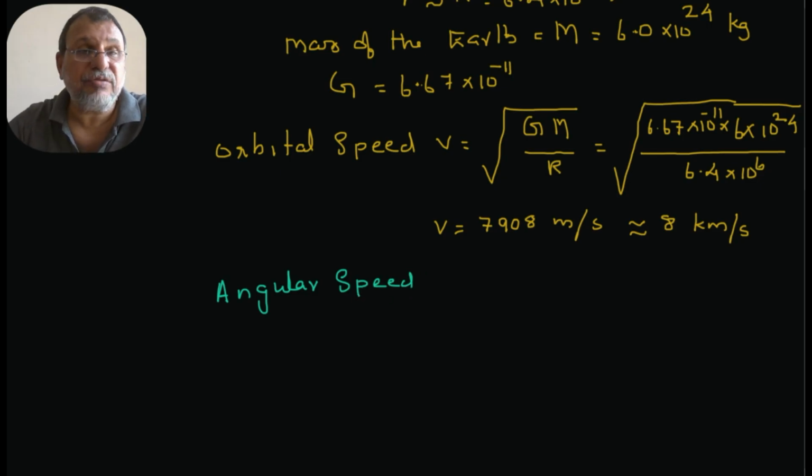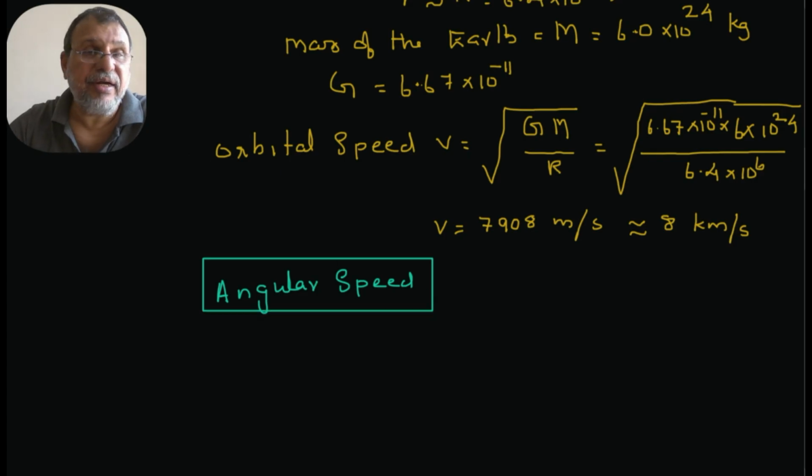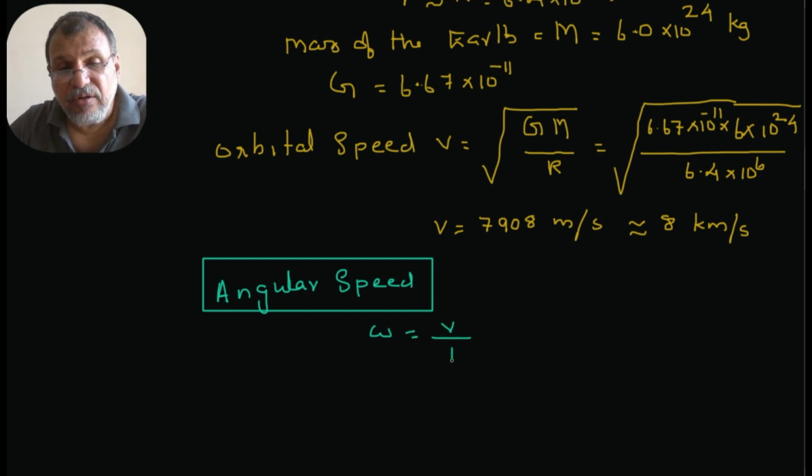We have the expression for angular speed. Omega is equal to V upon R. We know that angular speed, omega, is equal to V over the radius of the orbit, which is approximately equal to the radius of the Earth.